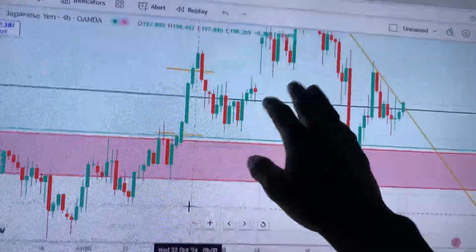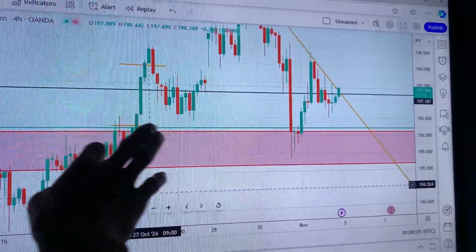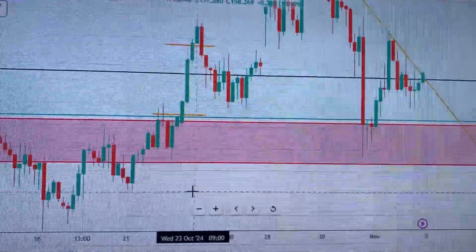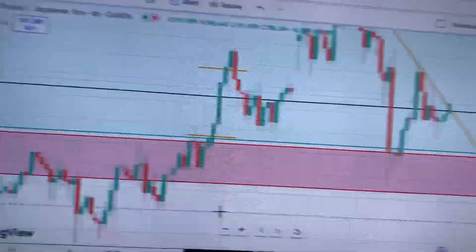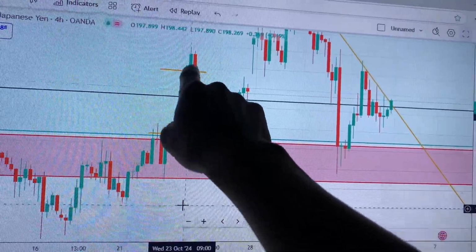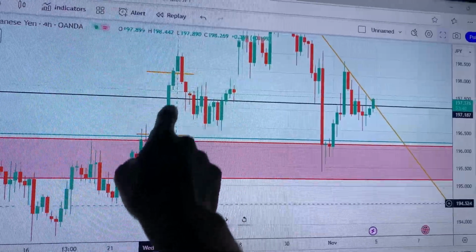But look what happened after a week. It still came down to cover that particular fair value gap. So you use other factors to consider fair value gaps. Look at the gaps it created, look at the imbalance, and what next? It started retracing to cover those imbalances. This one in particular.